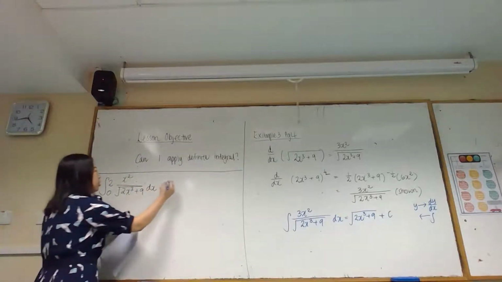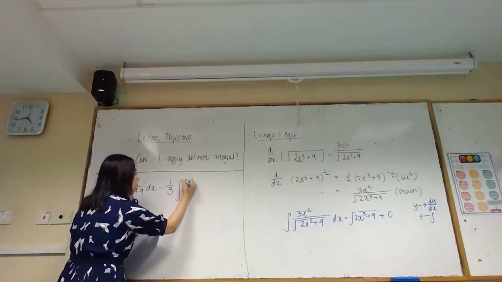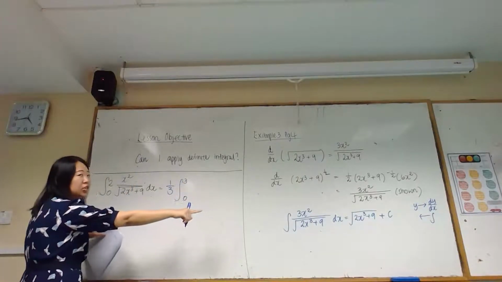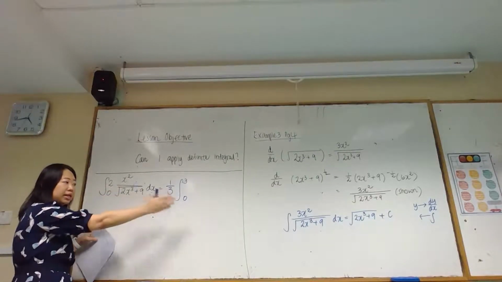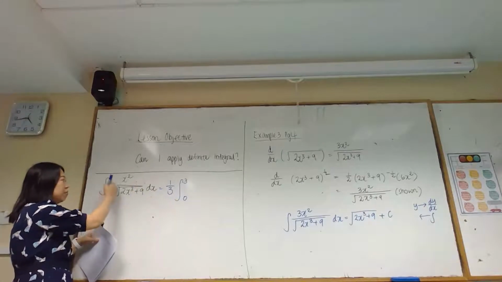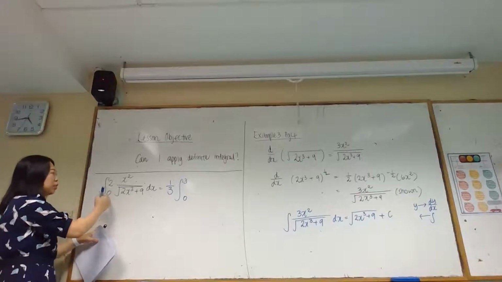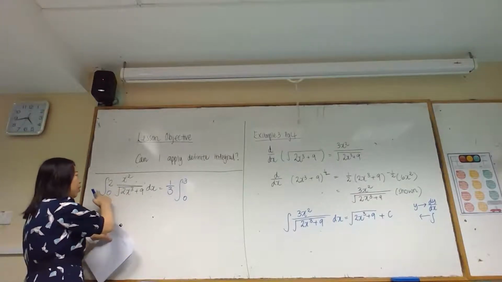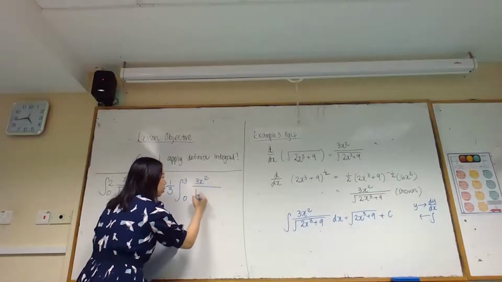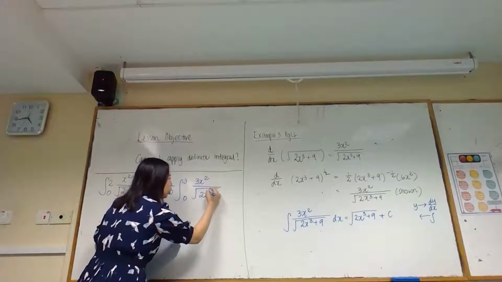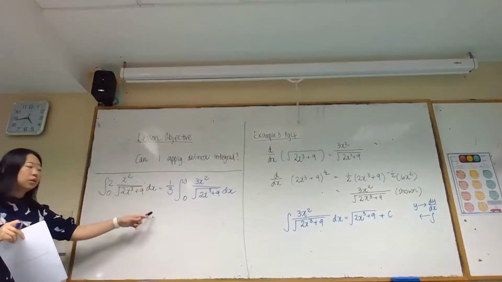This is an integral with limits. This is called a what integral? Definite integral. So I put a 1/3 times 3x squared over root of 2x cubed plus 9 dx to make this proportionate.